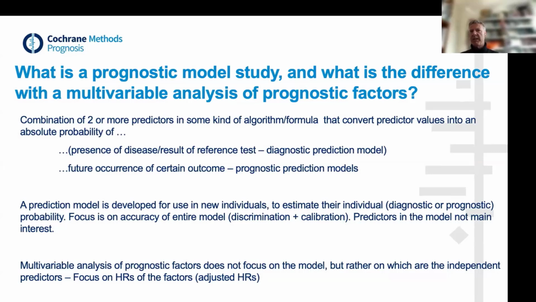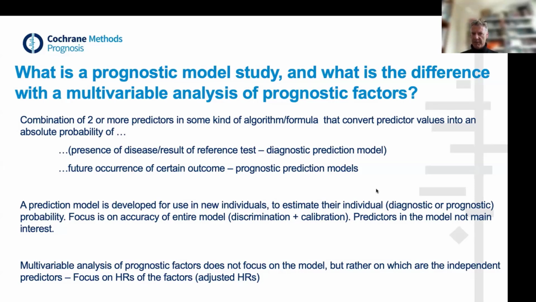But what it typically is, a model or an algorithm, is a combination of at least two predictors that are combined in some kind of algorithm or formula or software that converts predictor values into an absolute, that's important, an absolute probability of either the presence of a disease, that's called the diagnostic prediction model, or the future occurrence of a certain outcome, and that's a prognostic prediction model, which is the focus also of today.